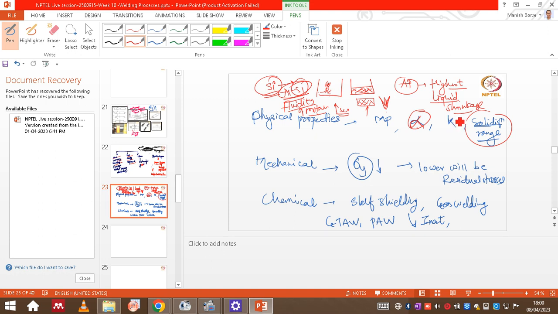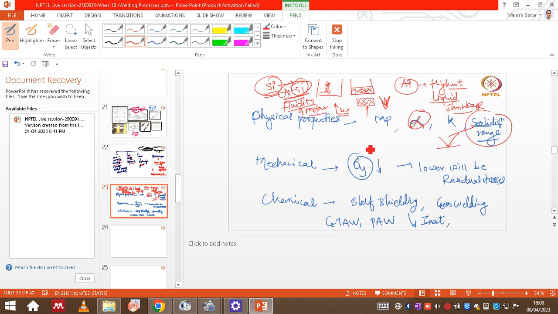And also thermal conductivity, if it is low, and if the material doesn't have any solidification range, for example if the material has a composition near the eutectic point. We will discuss that in more detail, what the eutectic point is and what the role of a large solidification range is. So if the solidification range is narrow, then we can consider this material as having good weldability with the help of fusion welding processes.